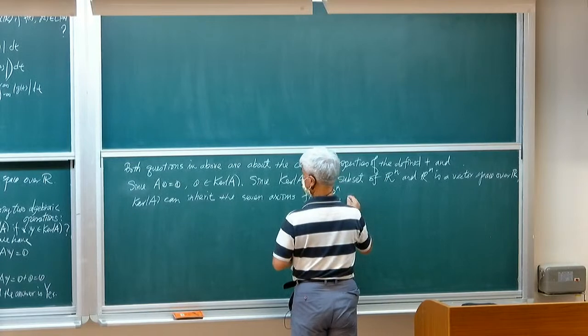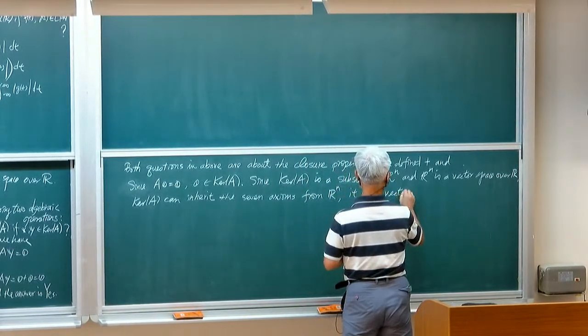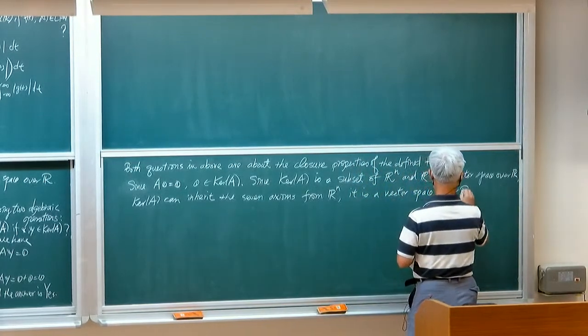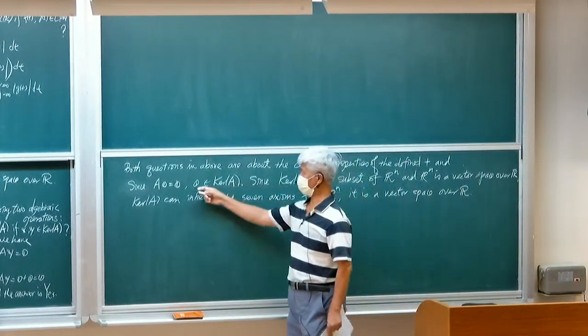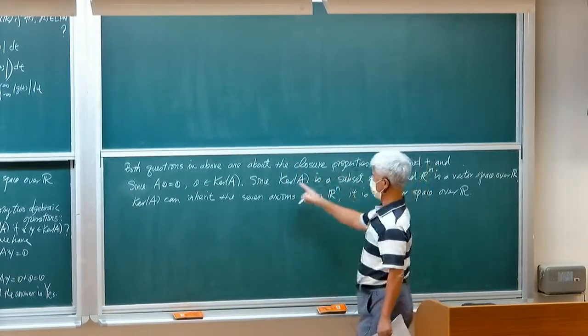So it is a vector space over R. Of course, it's very important to know at first that the 0 vector of Rn is in the kernel of A.